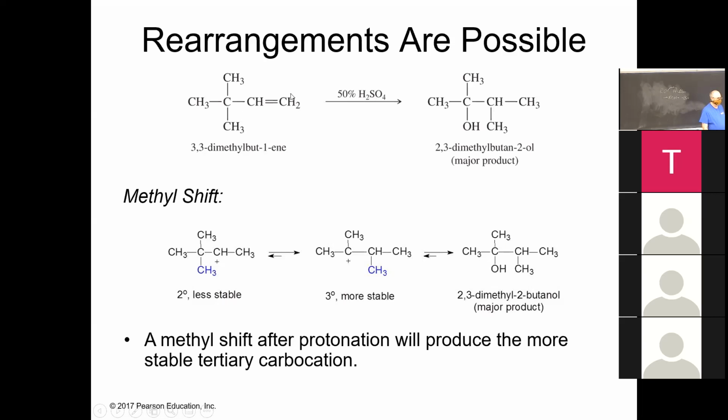Initially, carbon number 1 picks up an H. That puts a carbocation on carbon number 2, which is secondary. And then because of a methyl shift, that produces a tertiary carbocation. Then water attacks, we get deprotonation, and this is the major product.